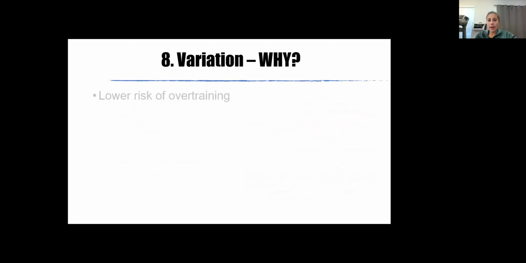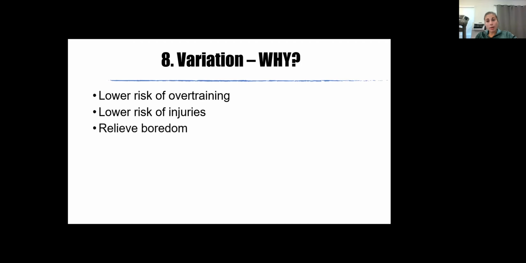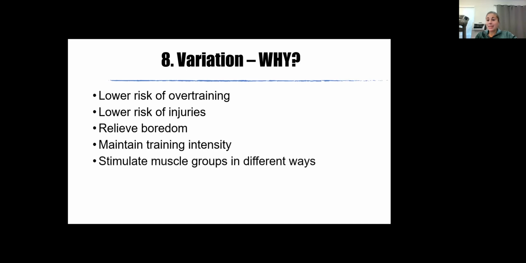This is going to lower the risk of overtraining, lower your risk of injuries, relieve boredom because clients can get bored doing the same thing all the time, maintain your intensity, even with adding variation, stimulate your muscle groups in different ways, and keep improvement happening. So it's very important to add variation in the program.